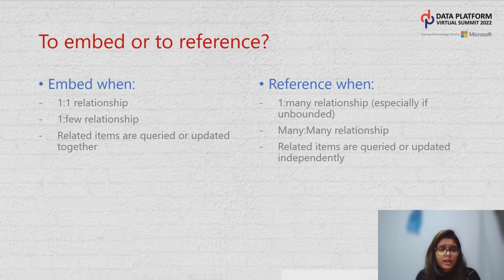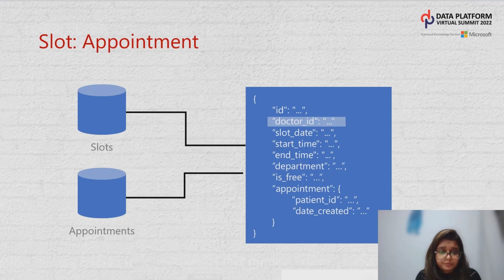For our case, we have a one-to-one relationship, and we are going to query an appointment and slot together. So it makes sense to embed slot and appointment together into one document. For a starter, we embed the appointment document into the slot document.